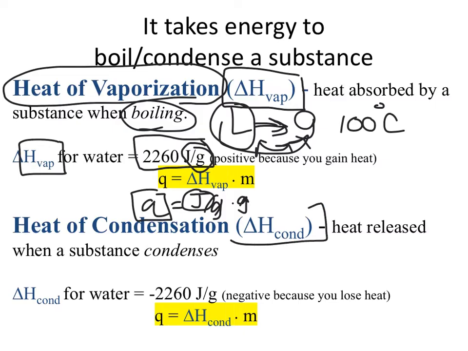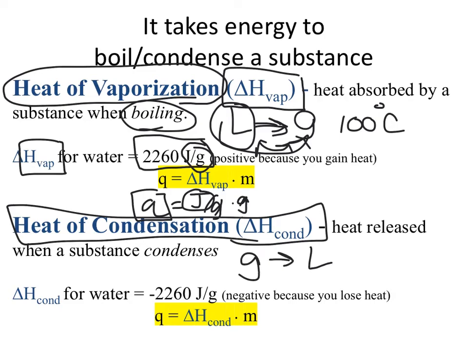Now, opposite of that is the heat of condensation. Remember, when water condenses, it really goes from gas back down to a liquid. And don't forget, that still happens at 100 degrees Celsius for water as well. So if an object is above 100 degrees, like 101 degrees Celsius, that water is still in the gas vapor water phase.